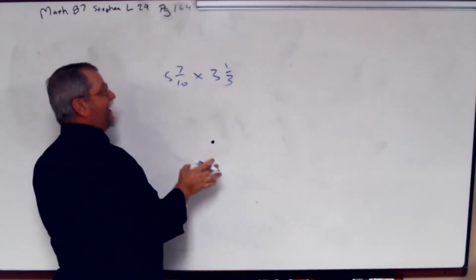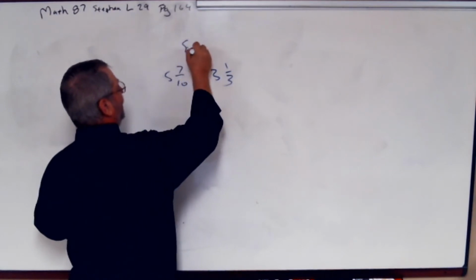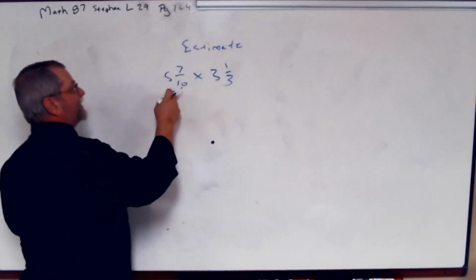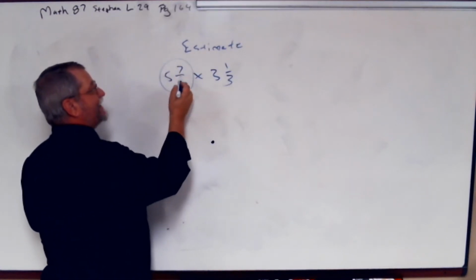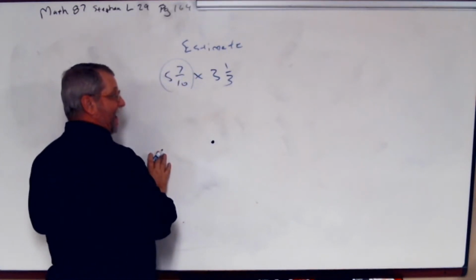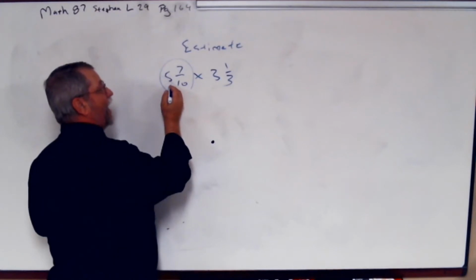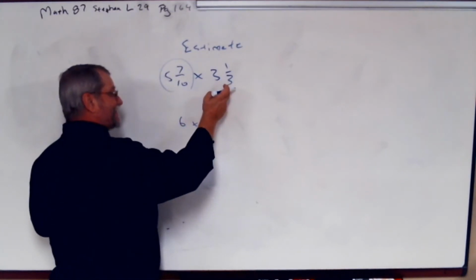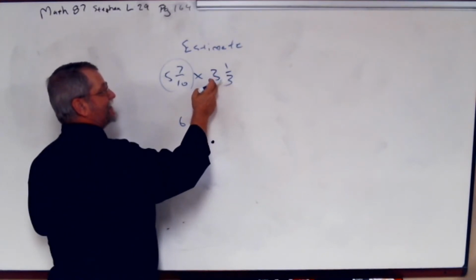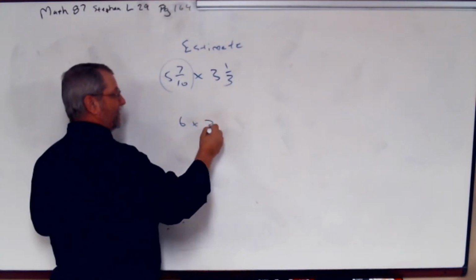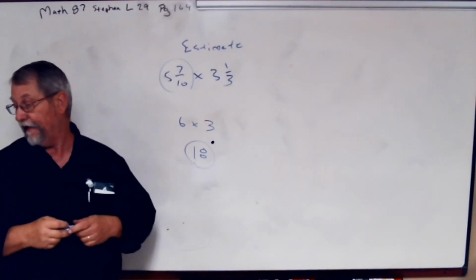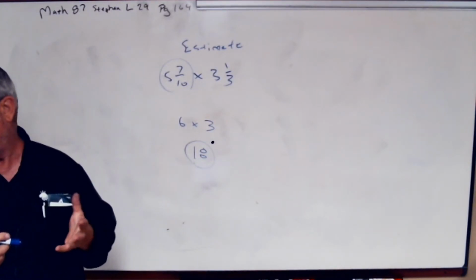It's a lot of work. If I'm estimating, I round this off. This right here, 7/10 is more than half. So this is going to go up a number, 6. 1/3 is less than half, so this stays the same. Never goes down. 3, 18, that's easy, right? You get that?